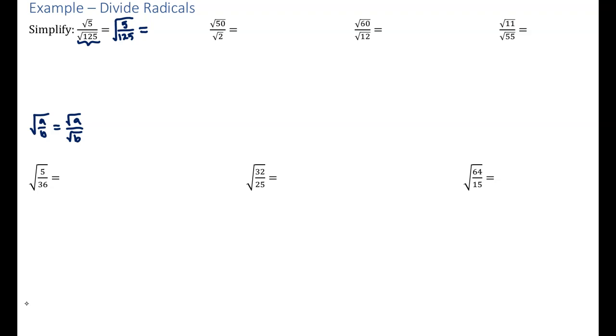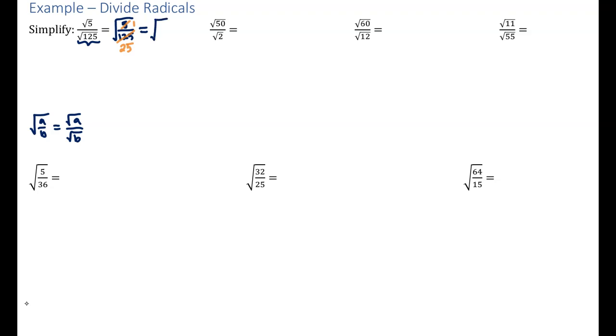So what I'm looking at here is just that I can cancel a 5 out of the top and the bottom. 5 goes into 5 once, and 5 goes into 125 25 times. Again, if you need to double check that division with a calculator to make sure you're doing it right, no problem, but try to avoid having the calculators do the root simplification and some of the more sophisticated stuff. That's what we're trying to practice and learn.